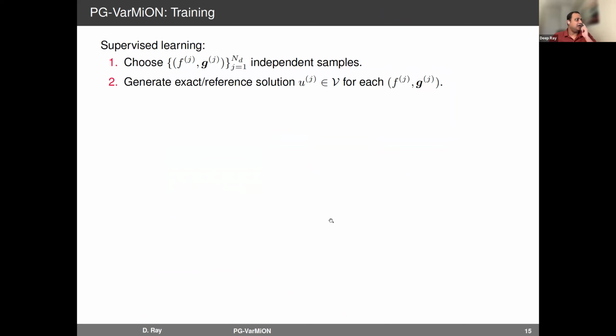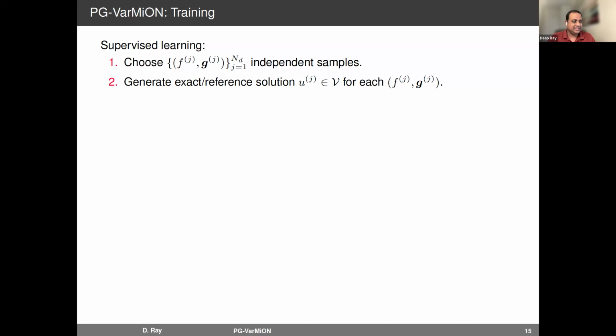Well, that's simple. Let's say you sample ND samples of Fj and Gj from their corresponding function spaces, independently. You use these to generate an exact or reference solution using another solver, say a finite element solver. So you have Uj, which is a solution when Fj is the source and Gj is the parameterization.